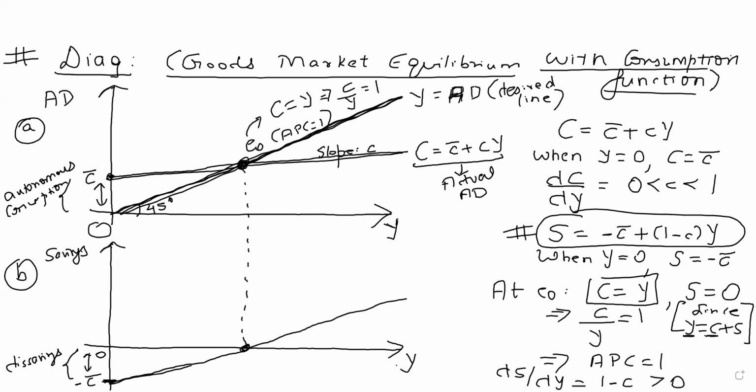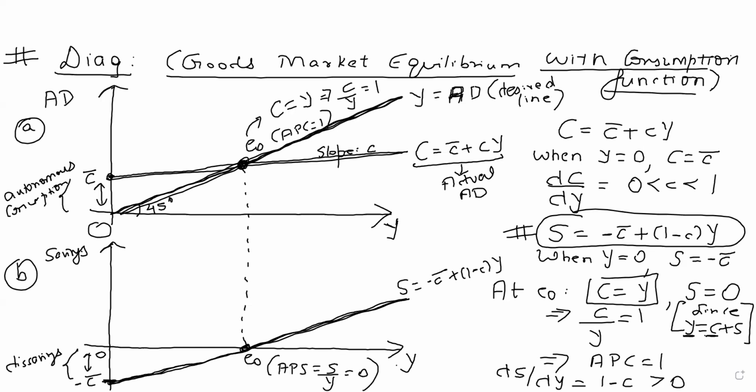So this line at the bottom is my savings function, S equals minus C bar plus 1 minus C times Y. It starts from the level of dis-savings when income is 0, and then it is an upward sloping line. At the point E0, APC is 1, so APS, which is nothing but S by Y, is 0.